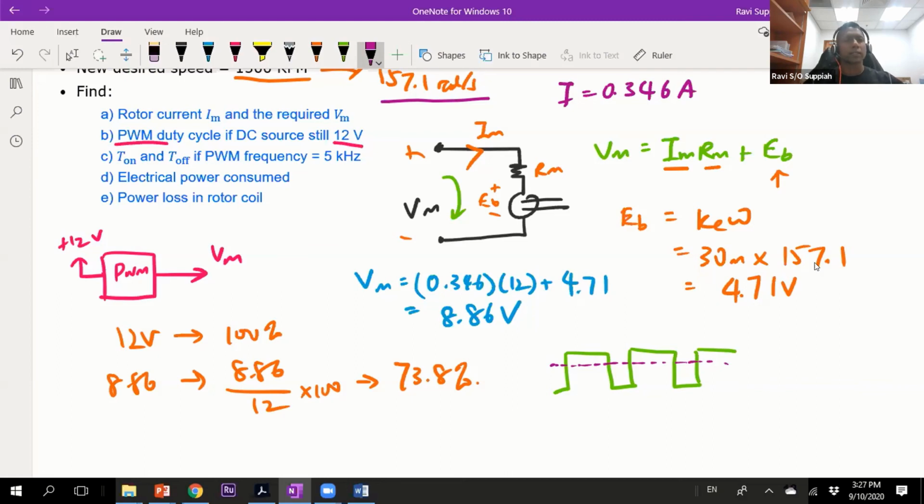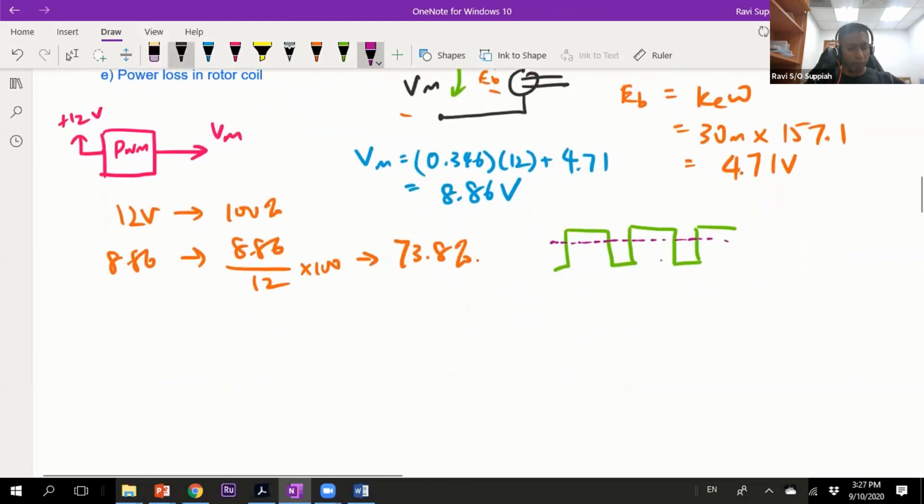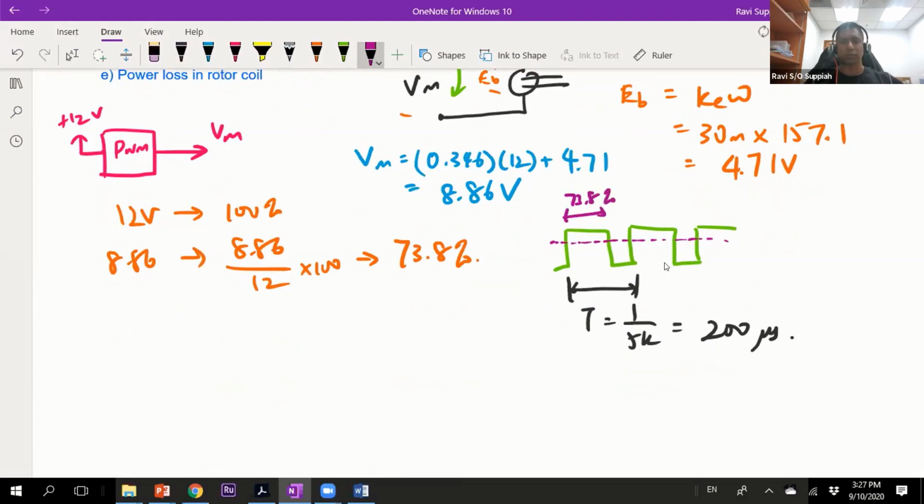Now the next thing is what should be the on and off time if my PWM frequency is 5 kilohertz. If my frequency is 5 kilohertz, what is the period? The period is going to be 1 by 5 kilohertz, which is 200 microsecond. Out of this 200 microsecond, 73.8% of the time I must be on, and the remaining I must be off.